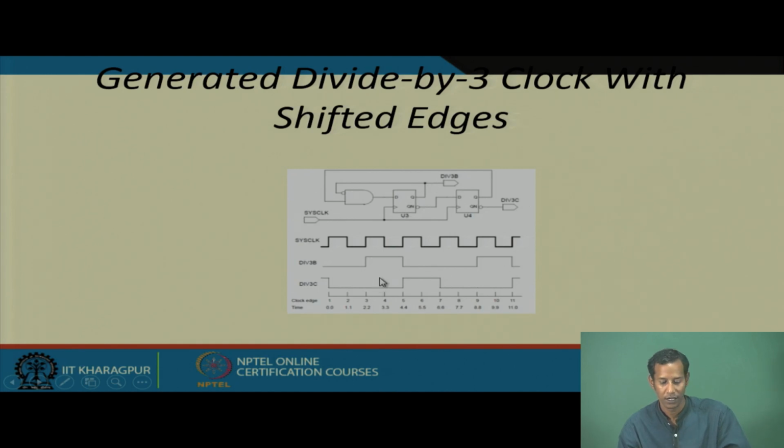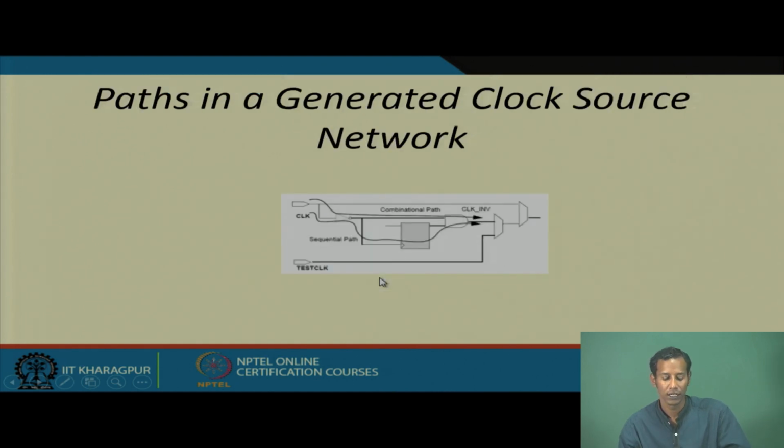Okay. Then the paths in the generated clock network are that you will have one combinational path and one sequential path, and the clock signals will be connected to these sequential elements through some inverters or buffers.